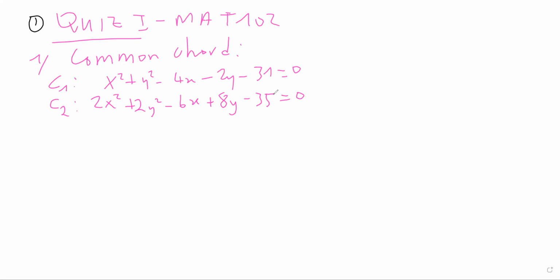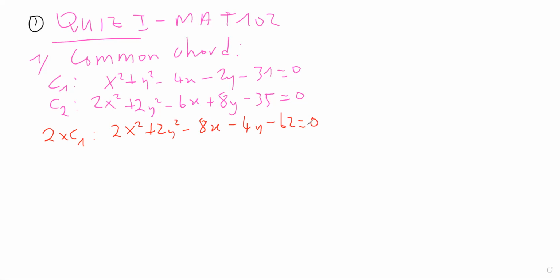To find a common chord, you just have to subtract circle 1 from circle 2 or circle 2 from circle 1. But to make it easier, we multiply circle 1 by 2, and this will give us 2x squared plus 2y squared minus 8x minus 4y minus 62 is equal to 0.